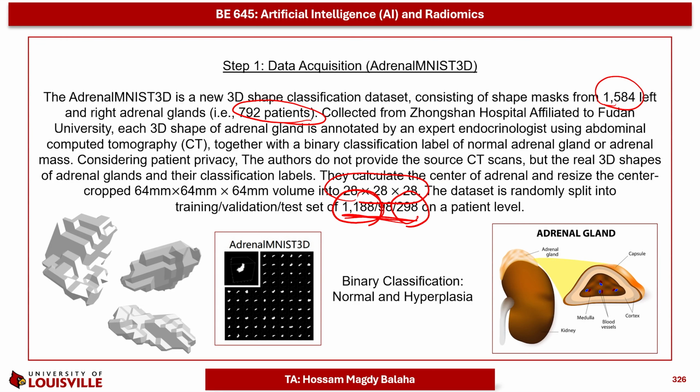So in this case, we will import the MedMNIST package and import the AdrenalMNIST3D from this package, and we'll let this package download the training subset and testing subset if we need, and we'll work on it directly without downloading anything else. So in this case, we will not read images and masks and apply ROI and so on from hard disk, but we will directly deal with the package and access the data on the fly.